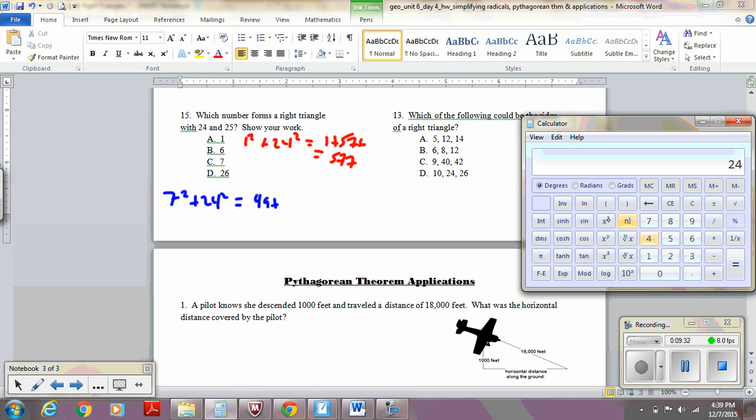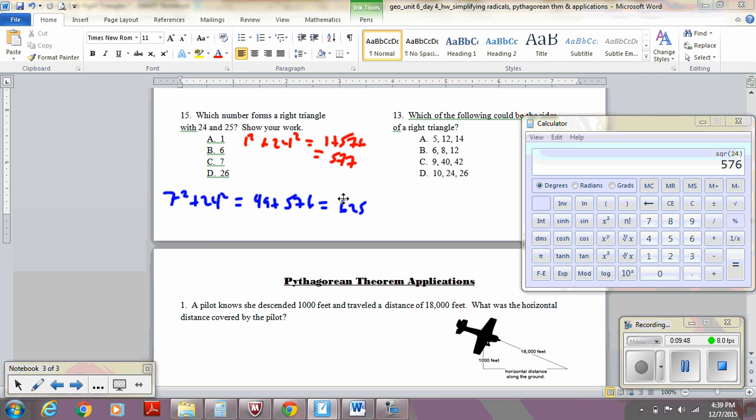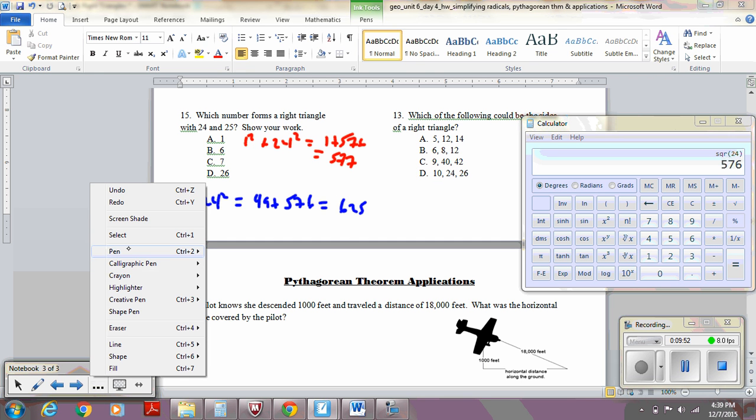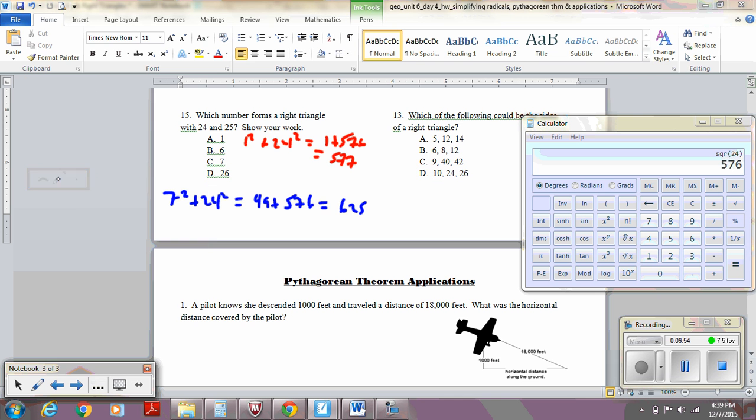Forgot that quickly. 576. And 576 plus 49 is going to give you 625. And the square root of 625 is 25, which is the last number. So that's why your answer is C.